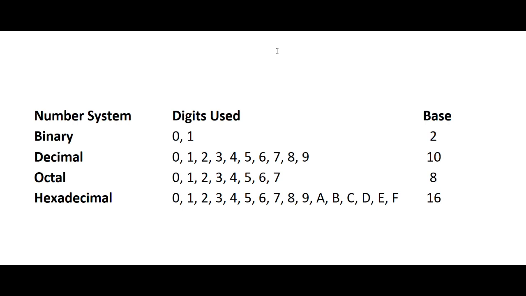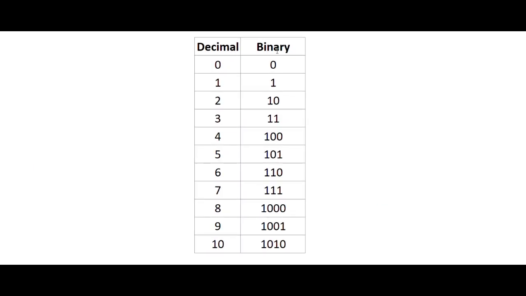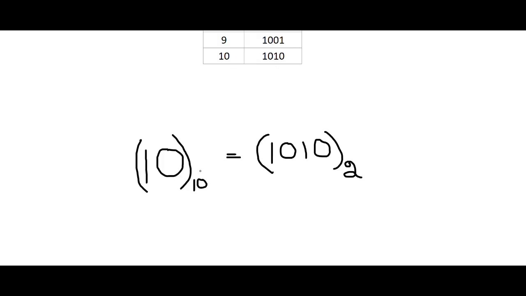You may now wonder how decimal numbers look in binary. So here's a visual representation of how a decimal number is represented in the binary number system. When you write 10, you may get confused whether it's a binary or a decimal number. That's why we use bases like 10, 2, or 16, depending on which number system you represent.